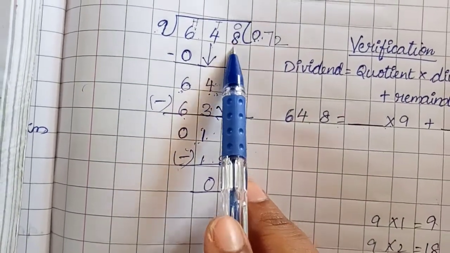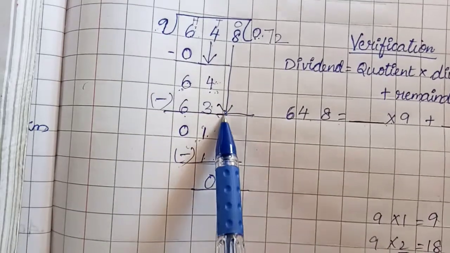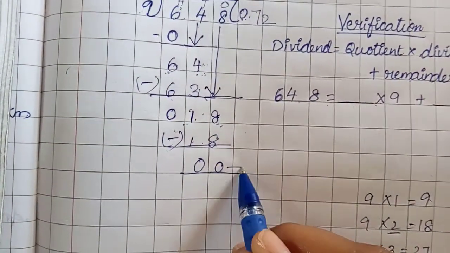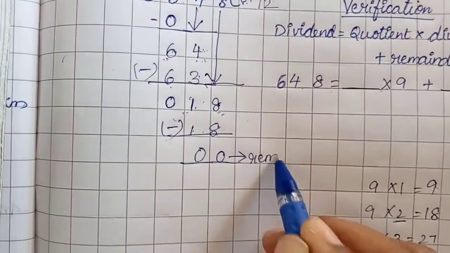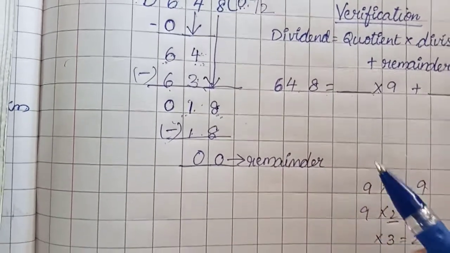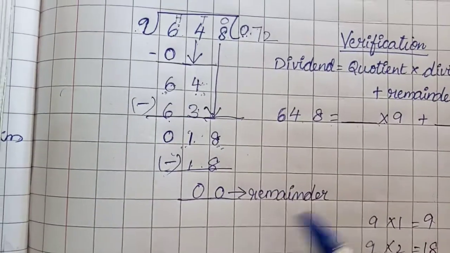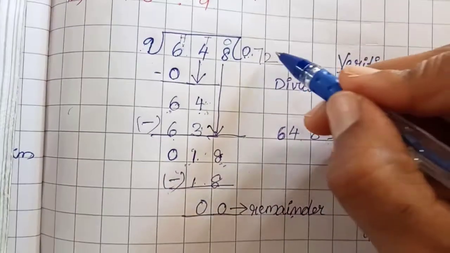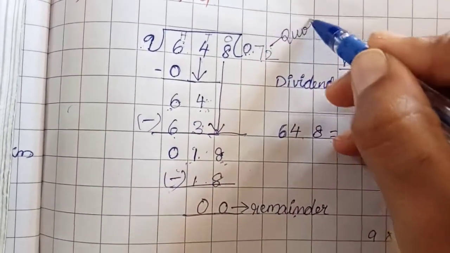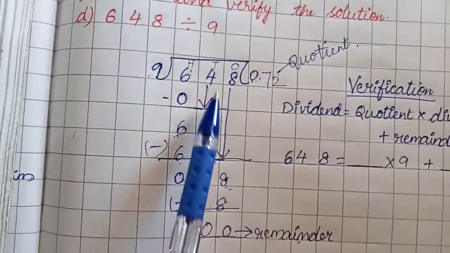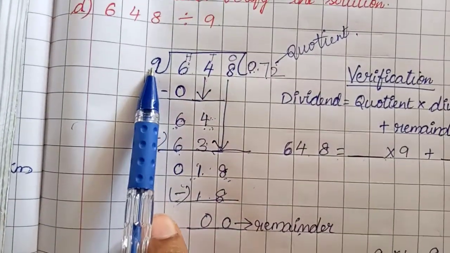When all the places came down like this, that means our division is over. So this is called remainder. Remainder means what is left over after division is called remainder. And this is called quotient.